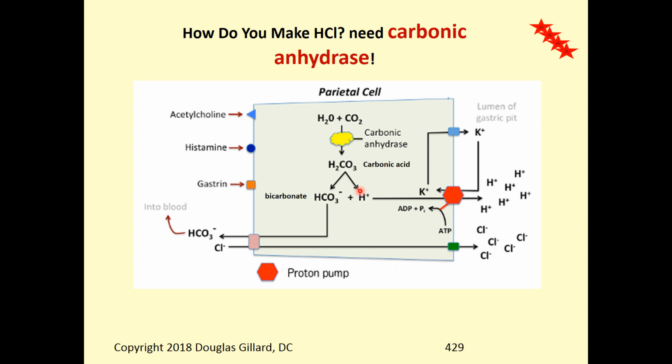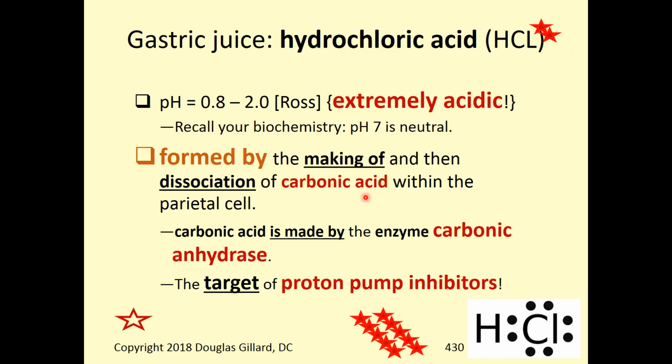Remember we said H2 blockers work on histamine, but they work in only 50% of people because we've got acetylcholine and gastrin still stimulating the proton pump. So that's why they don't work. Proton pump inhibitors block the release of acid, period. They screw up the proton pump because we can't make hydrogen to feed it.